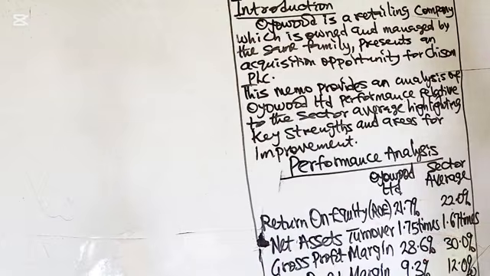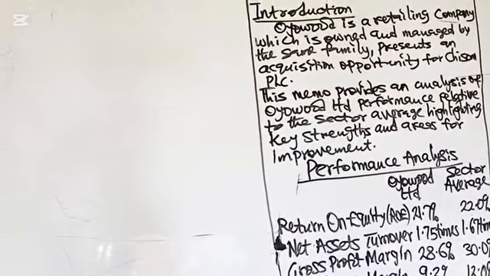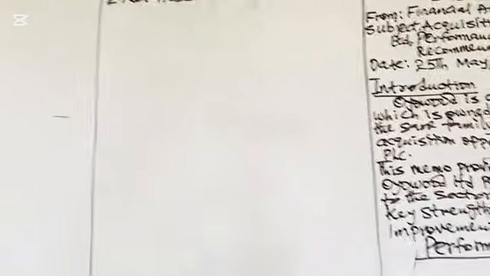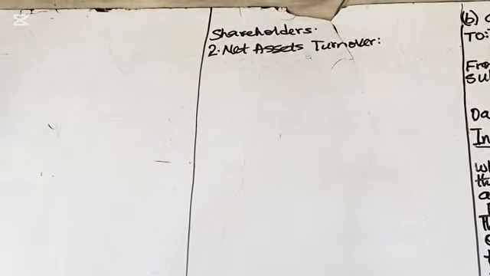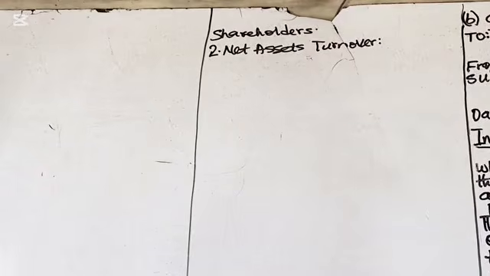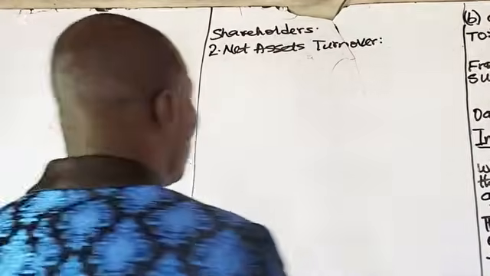That of Oyo Wood is higher than the sector average. So what does that indicate? It shows that Oyo Wood is more efficient in asset utilization.